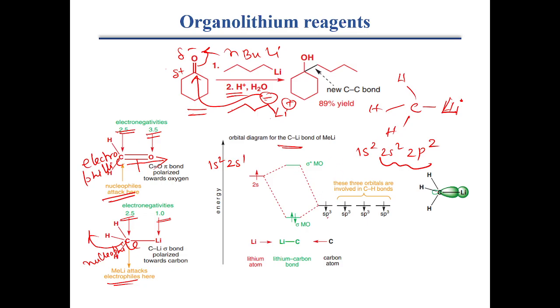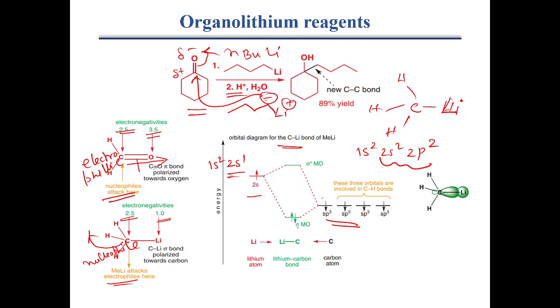So we have four sp3 orbitals for carbon and one 2s orbital for lithium.